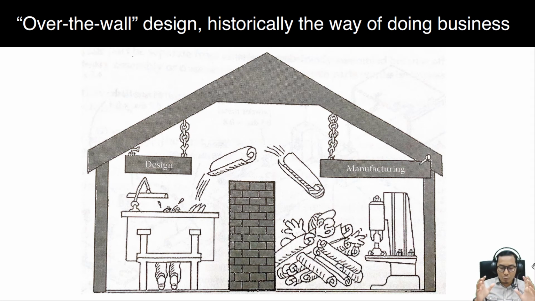Again, this over-the-wall approach is where the designer sits on one side of the wall and throws the designs over the wall to the manufacturing engineers, who then have to deal with the various manufacturing problems arising because they were not involved in the design effort.